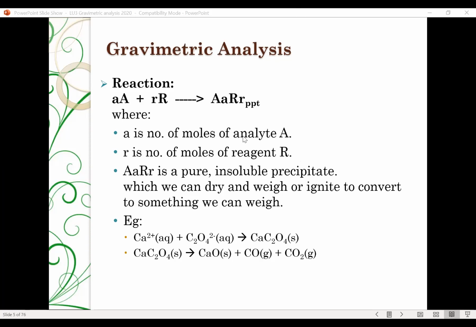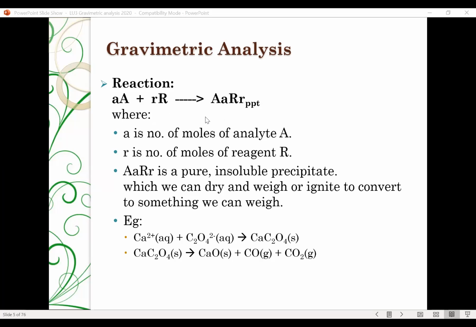Okay, all right. Now we go back to precipitation gravimetry. In precipitation gravimetry, it always involves the analyte and precipitation reagent to produce precipitates. That's why it's called precipitation gravimetry, because the end product in this analysis is the precipitate.